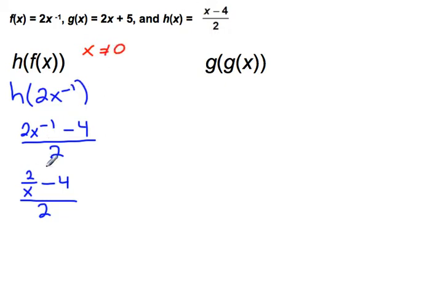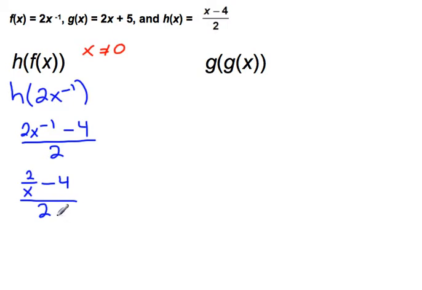Really the easiest way for me to show you how to do this, this is really a fraction within a fraction. So if I'm going to simplify this, the easiest way to do it is to multiply everything in here by x. When you multiply everything in a fraction by the same thing, it's like multiplying by 1, because it's really like multiplying x over x, which is 1.